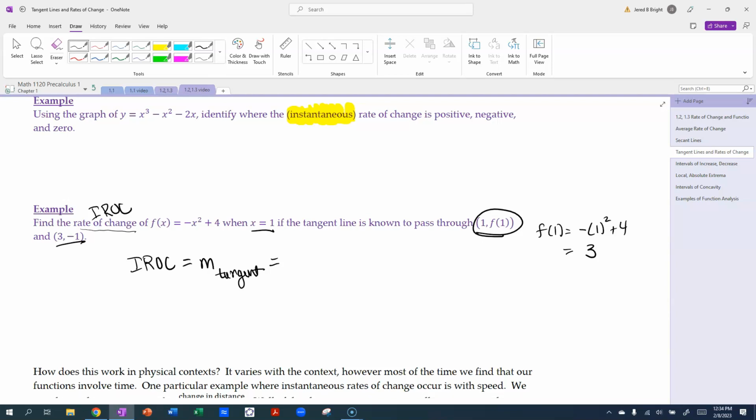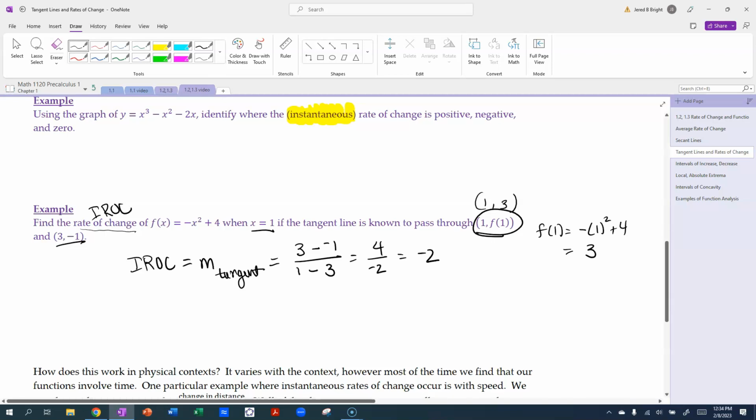Okay, so I have the point, so then I'm just going to go through and calculate. So find the slope between these 2 points. So this is 1 comma 3 as a point, and I have the other point there. So change in y, so 3 minus negative 1 over 1 minus 3. Okay, so let's see, that's 4 over negative 2, also known as negative 2.